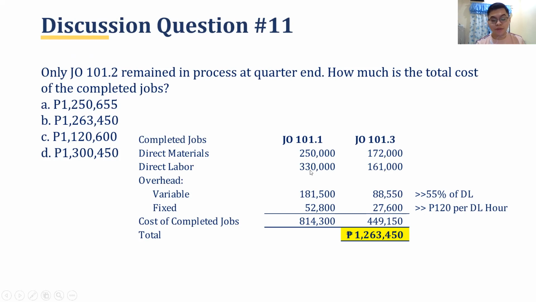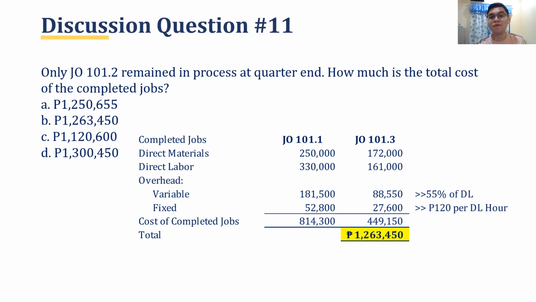So 330,000 times 0.55, then there you get 181,500. Tapos, dito naman sa baba on the fixed, you have 440 direct labor hours. You just apply 120 per direct labor hour. And there you get the fixed portion of 52,800.